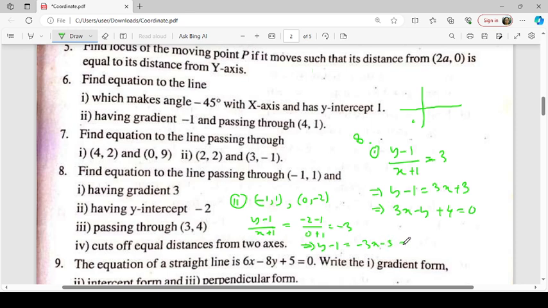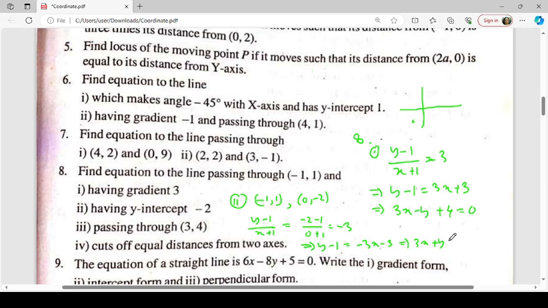So this implies root 3 x plus y plus 2 is equal to 0. So for number 1 the equation is root 3 x minus y plus 4 equal to 0.